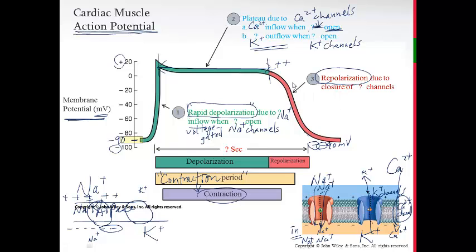This is because your potassium channels are now open, and they will keep on flowing out of the cell. So positive charge is leaving, making it more negative inside. Repolarization lets the cells rest back to their resting potential. So this whole thing from depolarization all the way to repolarization takes about 0.3 seconds.